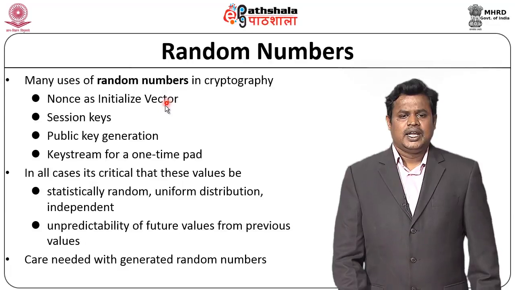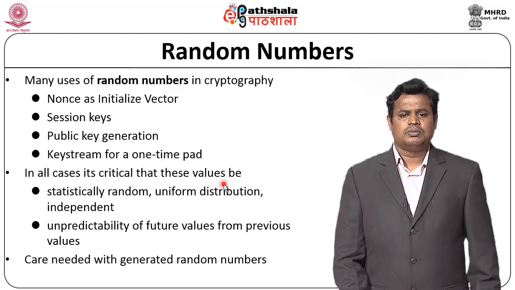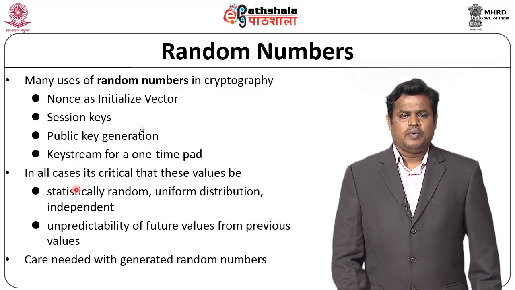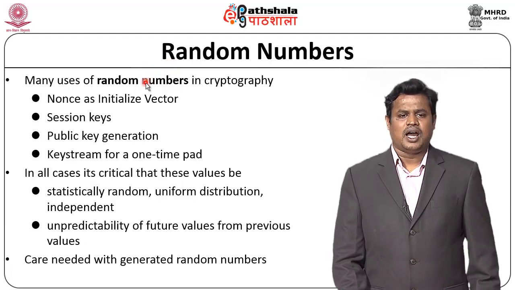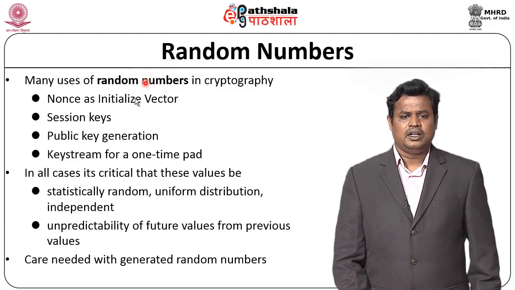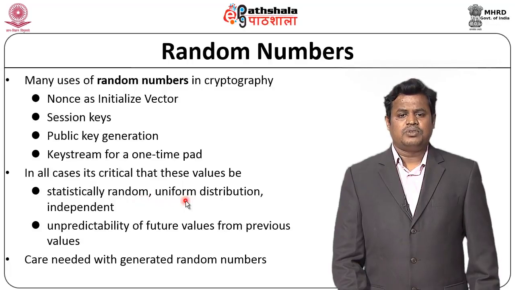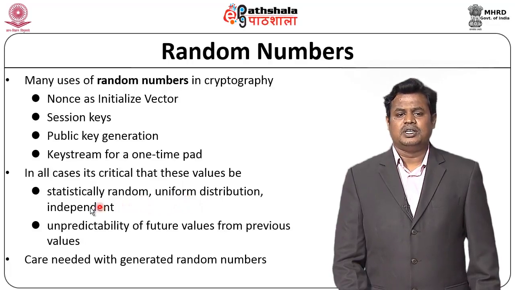So, in all cases it is critical that these values should be statistically random, uniformly distributed and independent. When I am going to design a random number generator to be used in an algorithm for generating the key, it should have the property of being statistically random, with uniform distribution and independence.